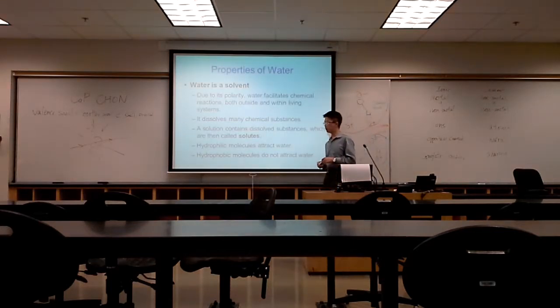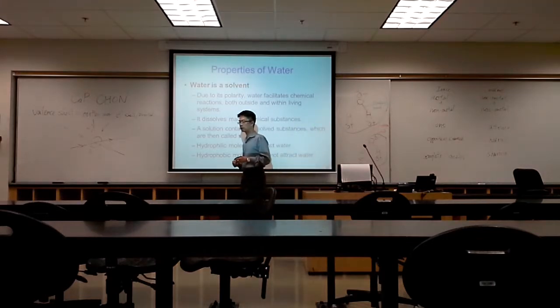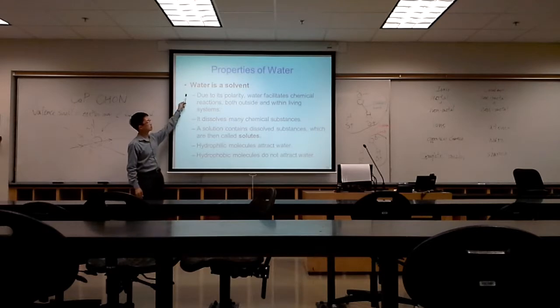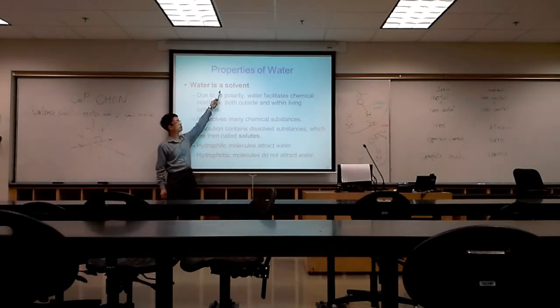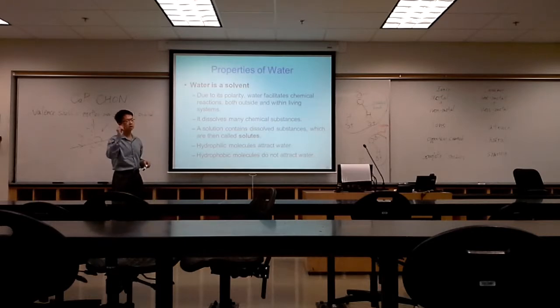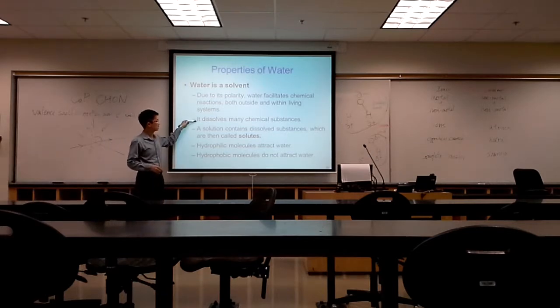The third property of water is that water is a solvent. Many textbooks actually put one more term here, a universal solvent. We use water to dissolve most of the chemicals that we know. Here it says it dissolves many chemical substances.